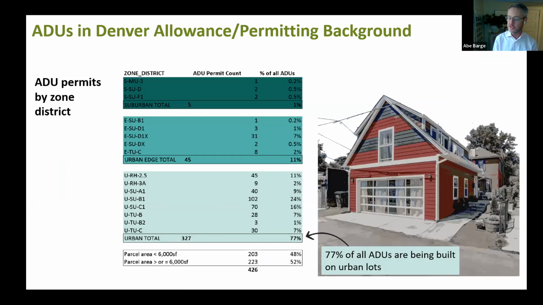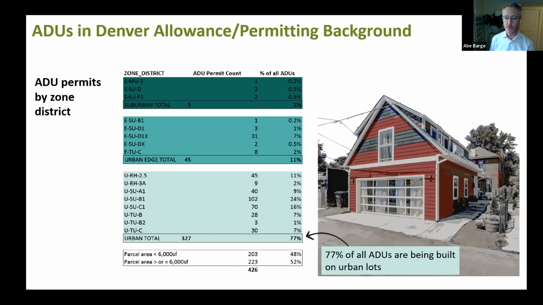Just another interesting piece of information: you probably know that our zone districts in the 2010 code are grouped in these context categories, suburban neighborhood context, for example, urban neighborhood context, urban edge neighborhood context.